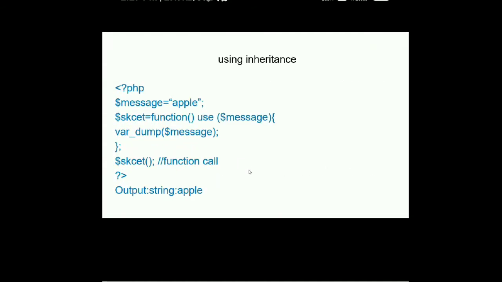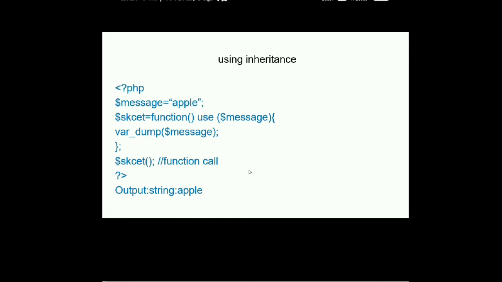Now listen here. It's very, very important. You can see there is a global variable called message, which contains the message apple. Suppose I want to use the global variable message inside the function. I have to use a keyword called use.